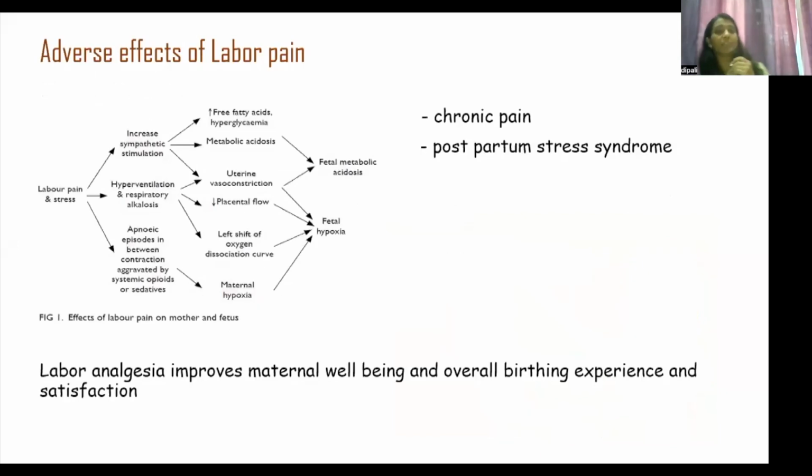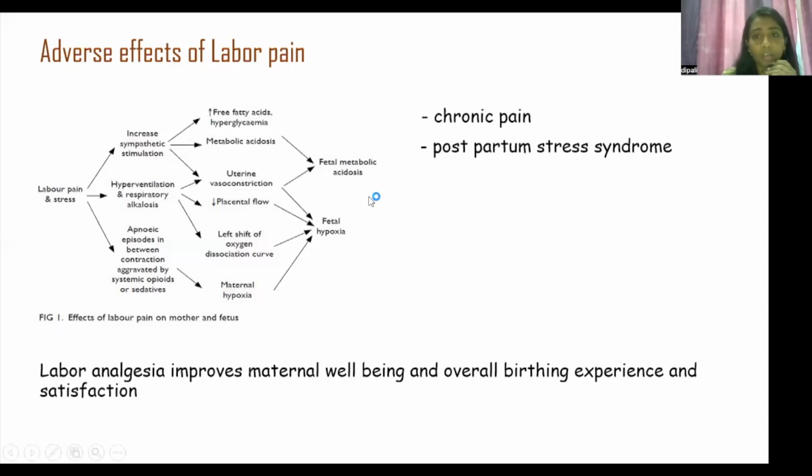This pain causes serious effects on the mother as well as the fetus. Untreated labor pain causes sympathetic stimulation, hyperventilation and hypoventilation episodes in the mother, and leads to an increase in free fatty acids, raised glucose levels in blood, metabolic acidosis, uterine contraction, vasoconstriction, decrease in placental blood flow, and maternal hypoxia, which in turn leads to fetal acidosis and fetal hypoxia.